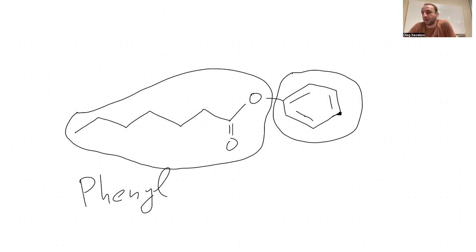Now heptanoic acid will retain the root, heptan, but we will not use "oic acid" anymore. We're going to use the suffix "oate," which signifies that we convert it, so that we have a look at essentially a substituted heptanoic acid that turned into the ester.